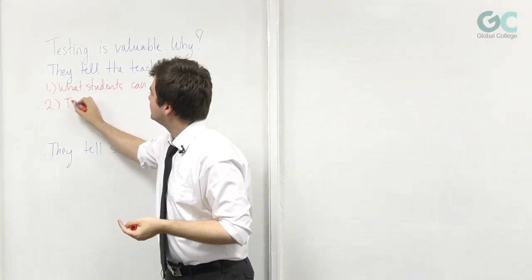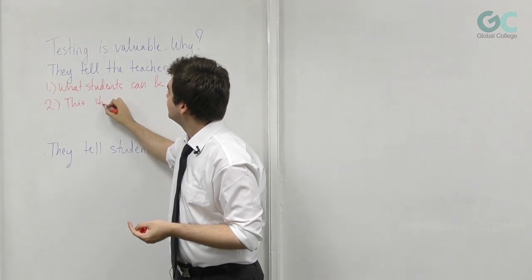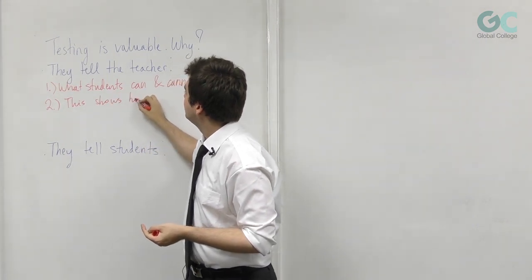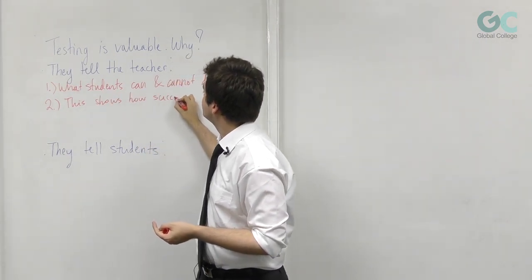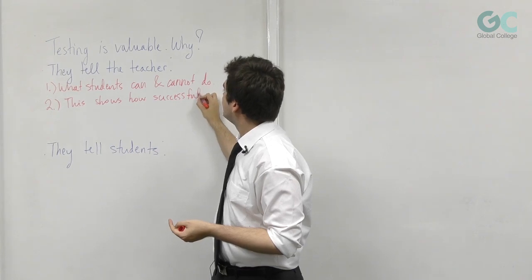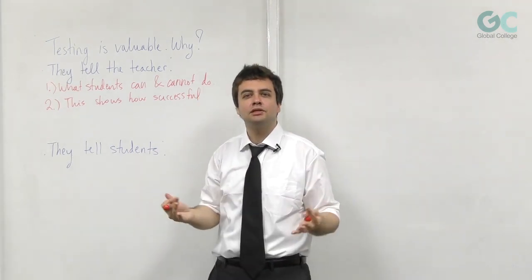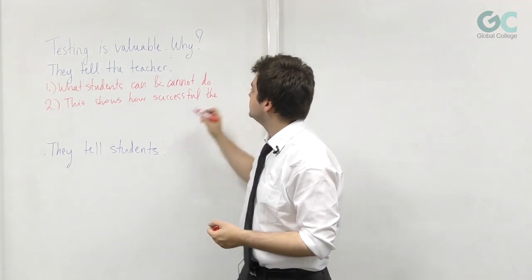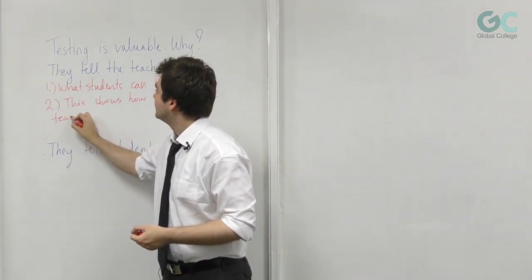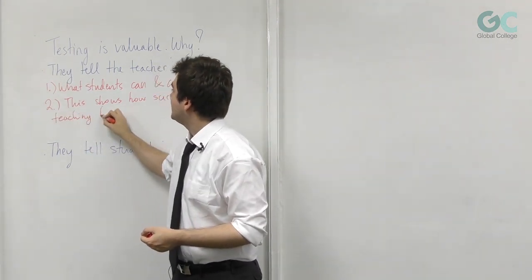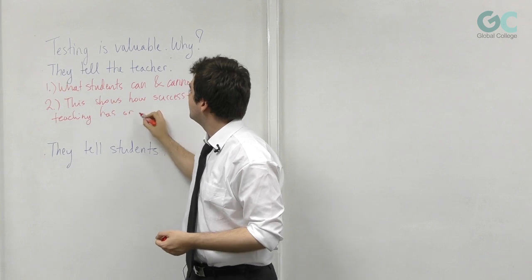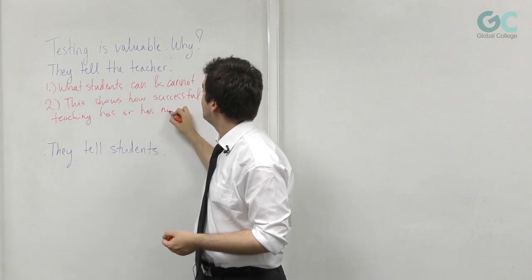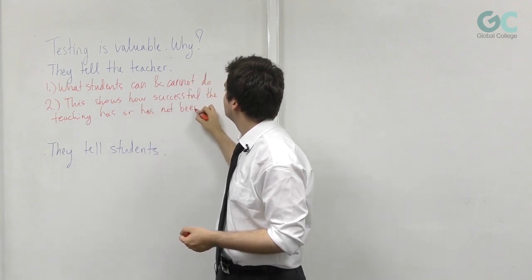And I would say here that this shows how successful, and what do you think I mean by successful? I mean your teaching. How successful the teaching has or has not been.